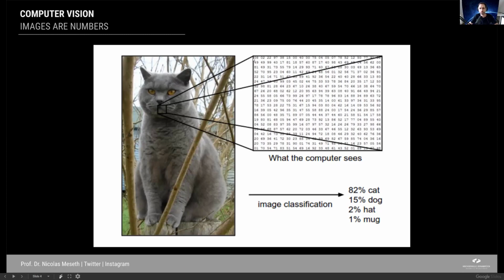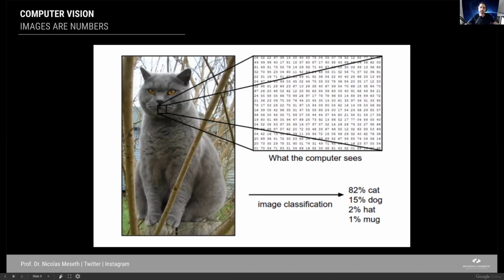So this is what is being depicted here. Every number here could represent a certain color and a certain pixel. And this could then be a very large list of numbers that represent colors that make up this image. And this is what the computer sees. There's only this large array, this large vector of numbers.